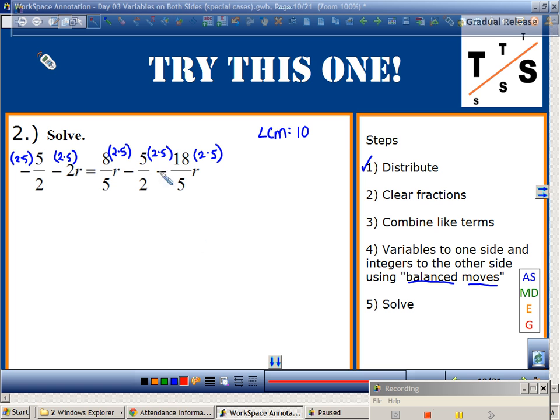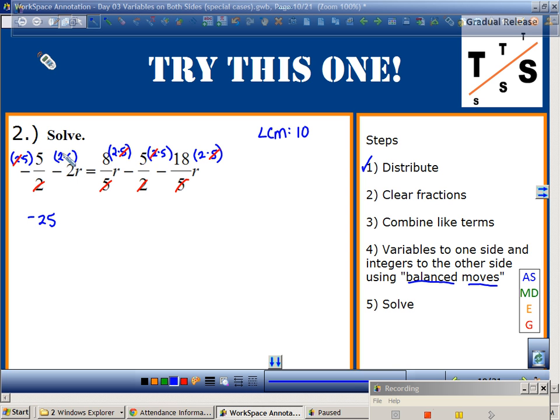Brenda, you ready? 2's cancel. Nothing cancels here. 5's cancel. 2's cancel. 5's cancel. I'm left with 5 times 5 is 25. Can't forget that negative. Negative 25.